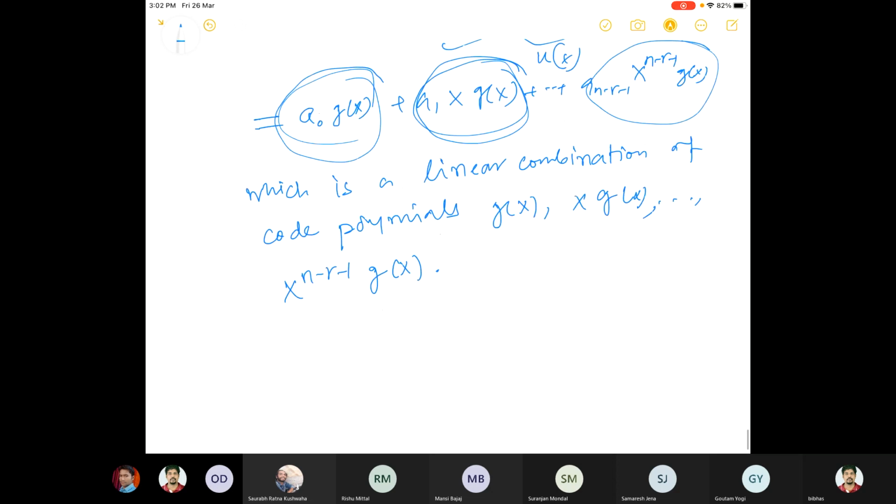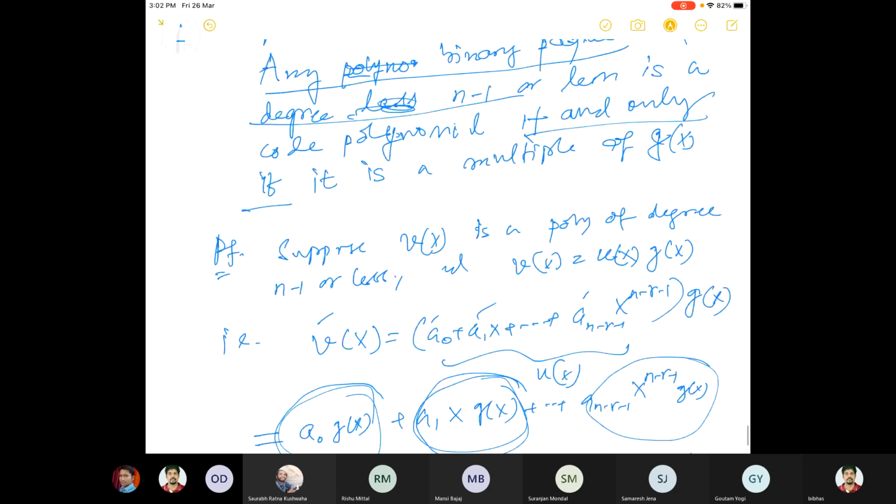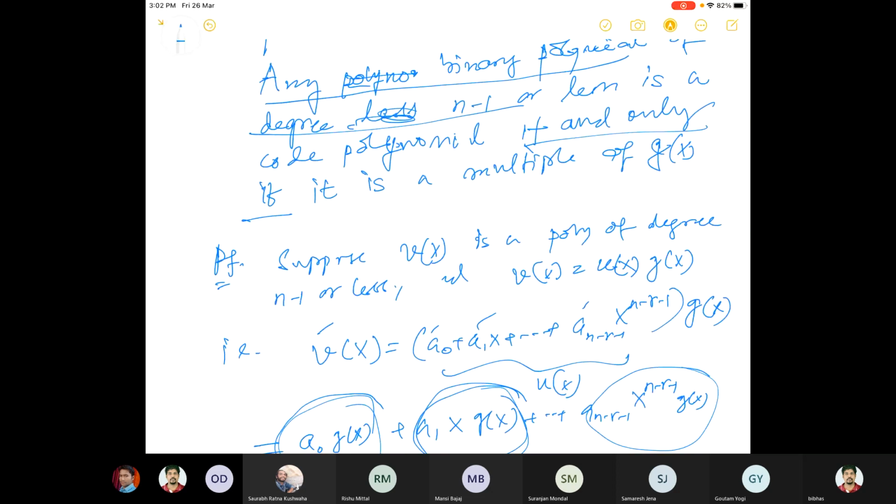That means v(x) is in C. So it proves that part, that if it's a multiple of g(x), any polynomial multiple of g(x), then it is always a code polynomial. What is g(x)? g(x) is the code polynomial which has minimum degree.